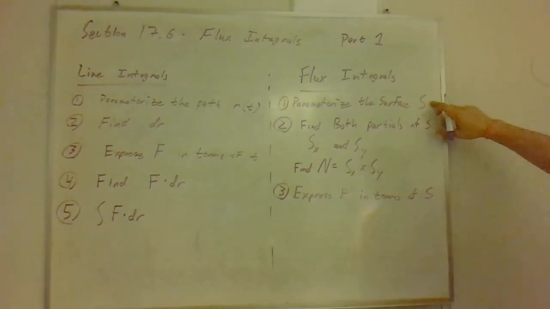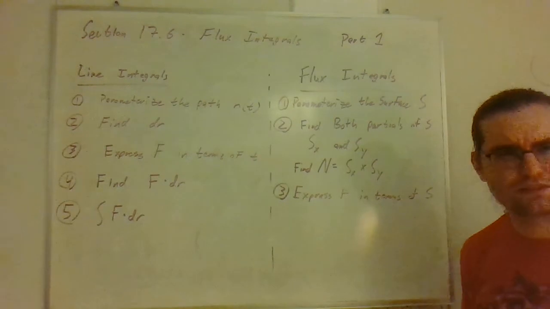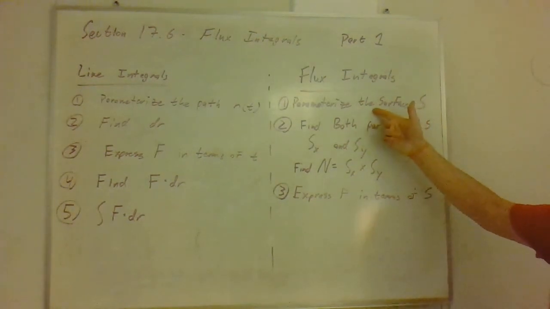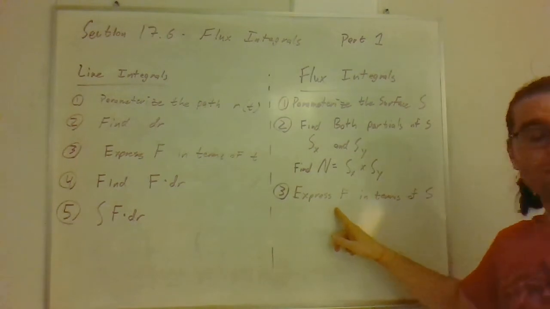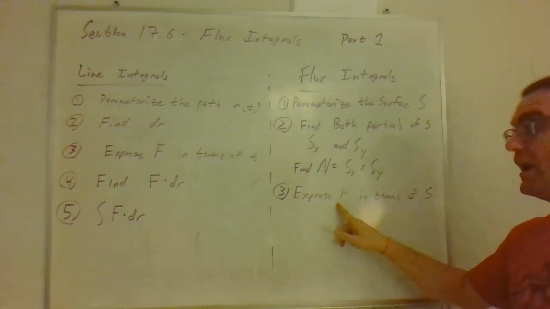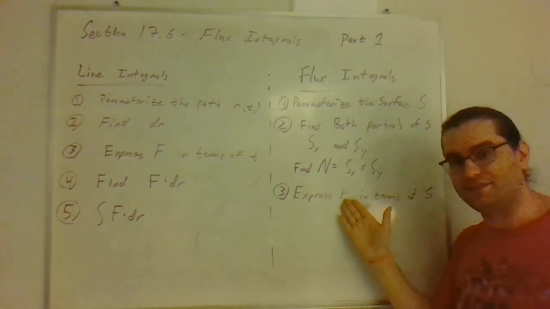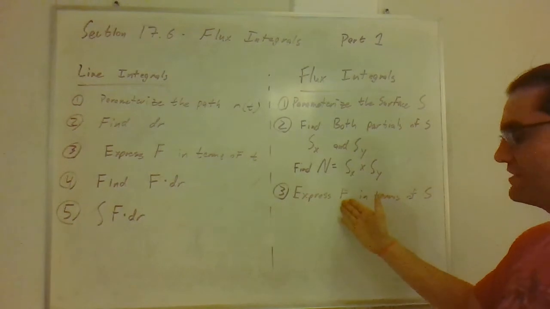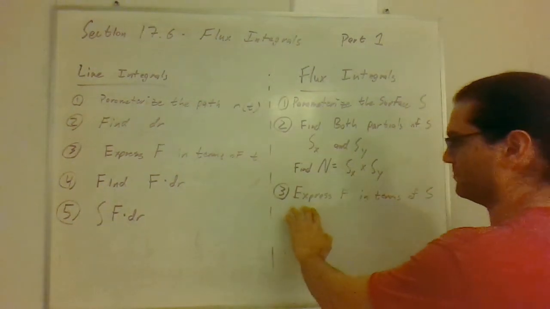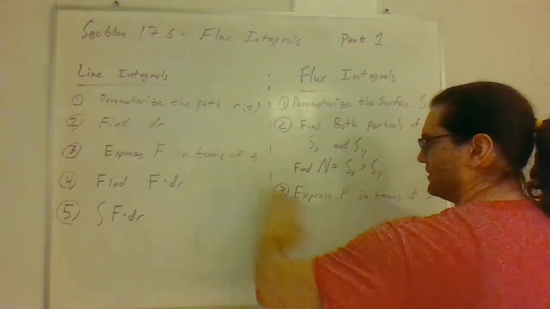So if your parameterization used x's and y's, then you have to express f in terms of x's and y's. It's probably already in x's and y's. But if there are, for example, z's in your f, and your surface is expressed in x's and y's, you need to transform all the z's in your vector field into x's and y's as well. But this step is a pretty close mirror to this one. They're about the same.